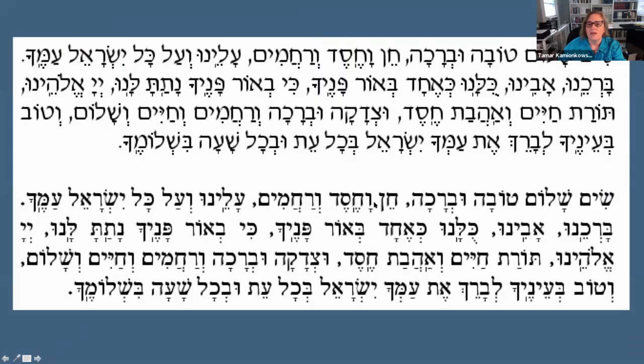So the first text that I would like to look at is Sim Shalom. Now, one of the things that I've heard from a lot of you this week is that when you encounter different fonts and different prints, you find it confusing because the letters don't look exactly the same.